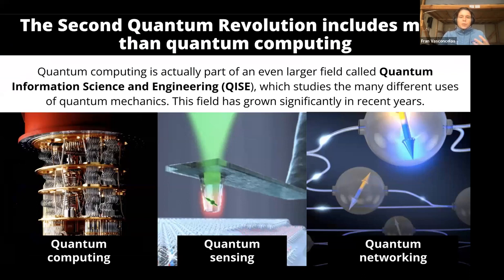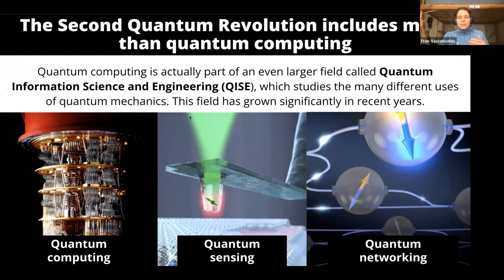In this class, we're really going to focus on the aspect of the second quantum revolution that is quantum computing, but it is important to note that there's a lot more to this second quantum revolution that is going on today, and that researchers are actively working on, than just quantum computing alone. Quantum computing is part of an even larger field called quantum information science and engineering, which studies the many different uses of quantum mechanics.